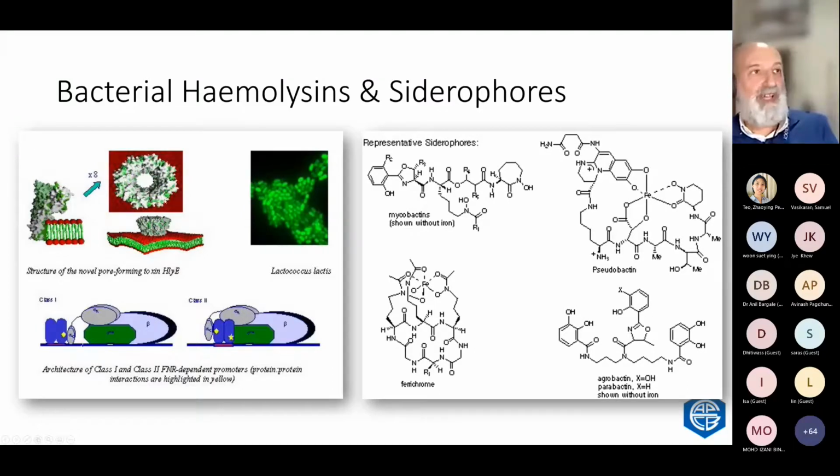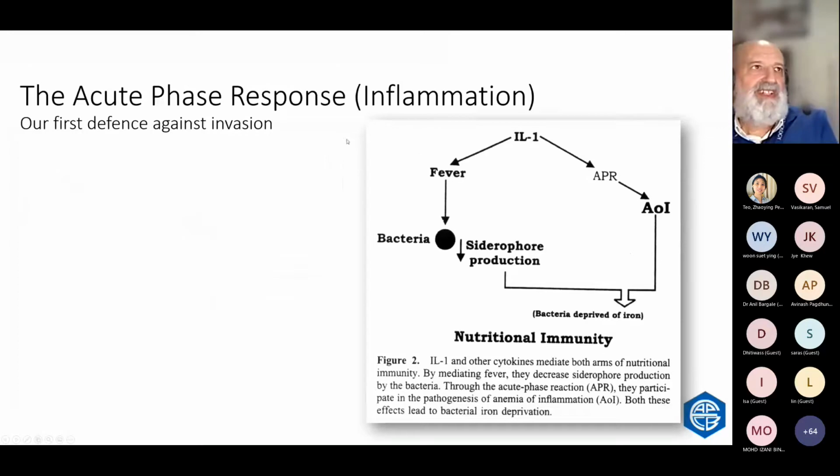And then once the hemoglobin leaks out, they produce other molecules called siderophores. Desferrioxamine is a siderophore made by bacteria, which binds iron and can bring it back to the bacteria. So bacteria are masters at getting access to iron in our body. And this is what inflammation is largely about, protecting the body from the bacteria wanting to get our iron.